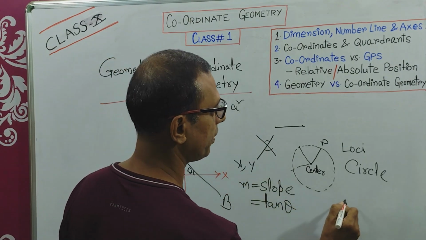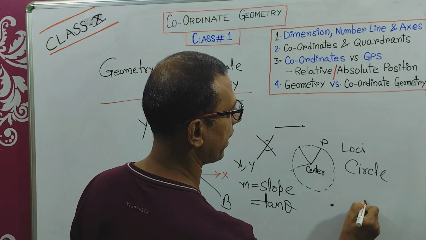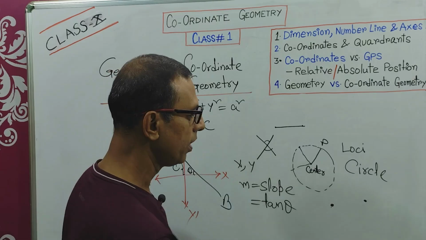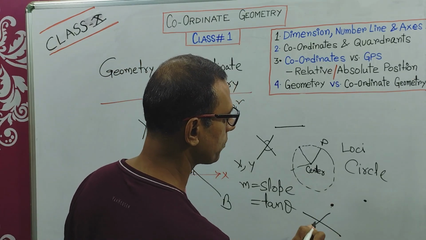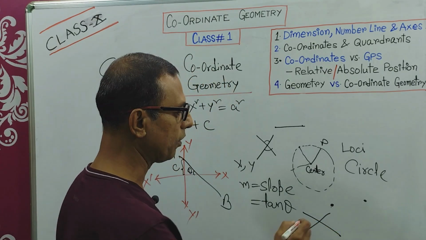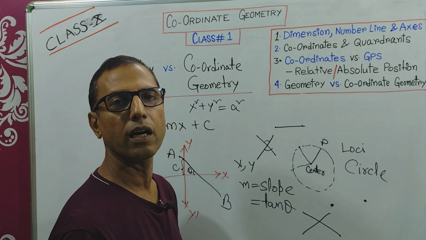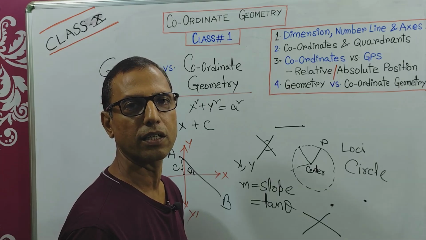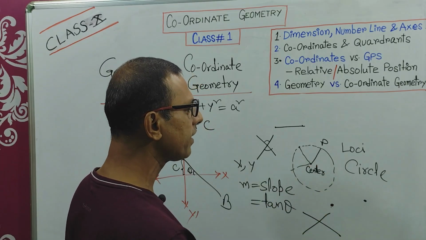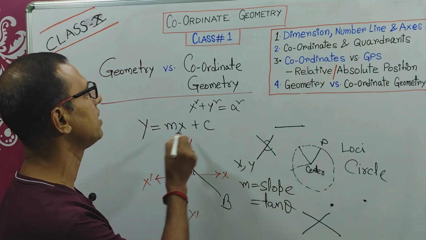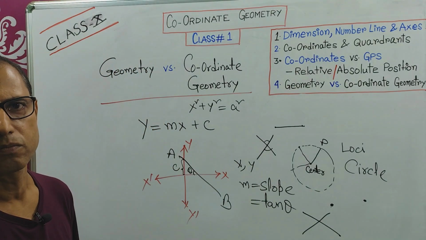Using coordinate geometry, you can find the distance between 2 points if the coordinates of the points are given. You can find in which proportion 2 lines intersect each other if the equations of the lines are given. So a lot of things you can do using coordinate geometry, since the algebraic expression is there.